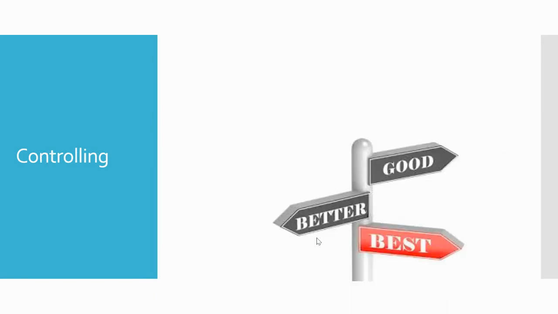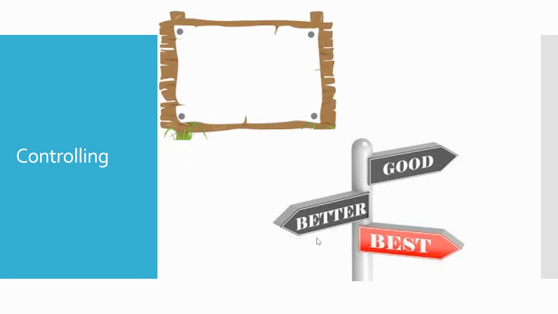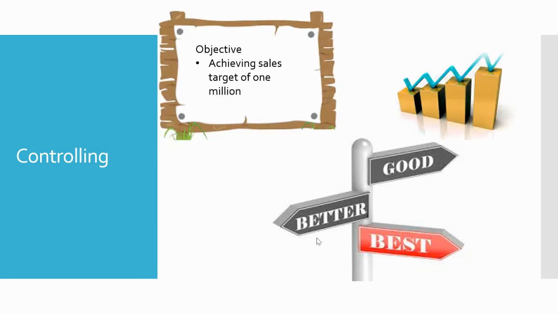The last function is controlling. Here I have taken a small example of a business organization that has the objective of achieving a sales target of 1 million after a certain period of time. They will have the results of the sales target, whether they have achieved it or not.